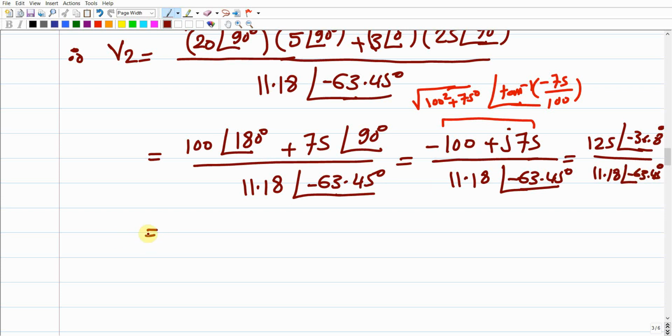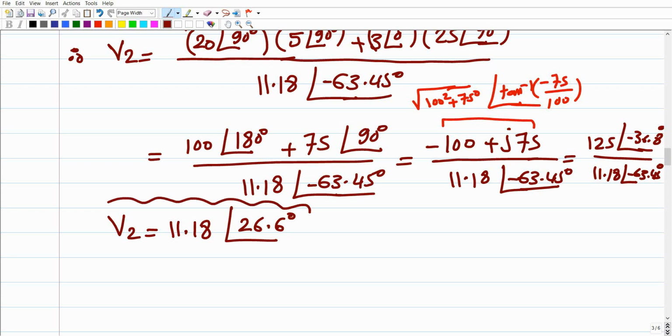Then we do the division by dividing 125 by 11.18, which gives us also 11.18. For the angle, we subtract negative 63.45 from negative 36.8, so it becomes positive, giving a positive value of 26.6 degrees. So this gives us V2.